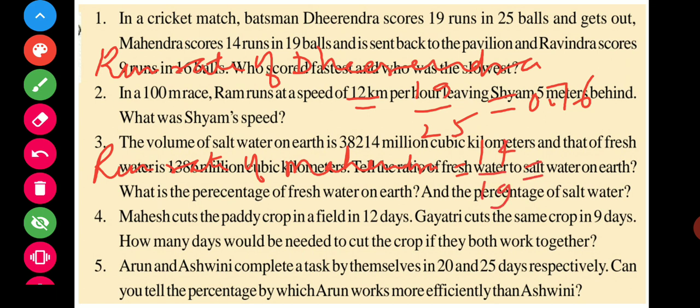So we get it is 0.73. Now for the run rate of Ravindra. Run rate of Ravindra, that is 9 runs in 16 balls. So 9 upon 16. So we get 0.56.